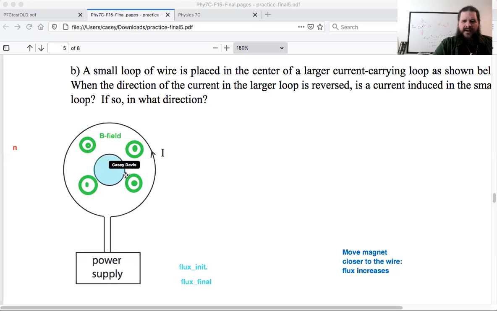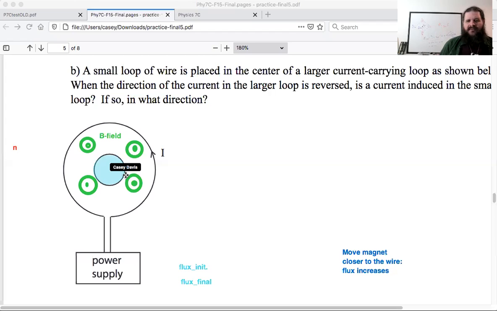What I would do here for the right-hand rule is actually curl your fingers in the direction current's flowing. So from your perspective, you're seeing current circulate like this. Curl the fingers of your right hand in the direction current's flowing, and your thumb tells you the direction of the magnetic field interior to the loop. So it's a variant on right-hand rule number 1 that works specifically for the magnetic field inside loops of current.